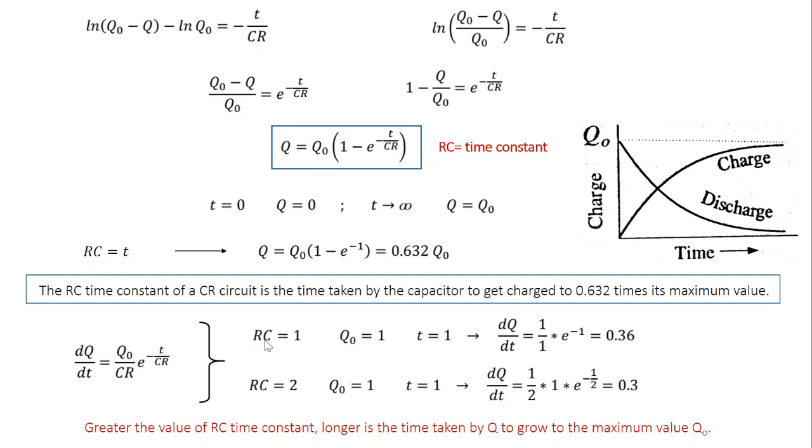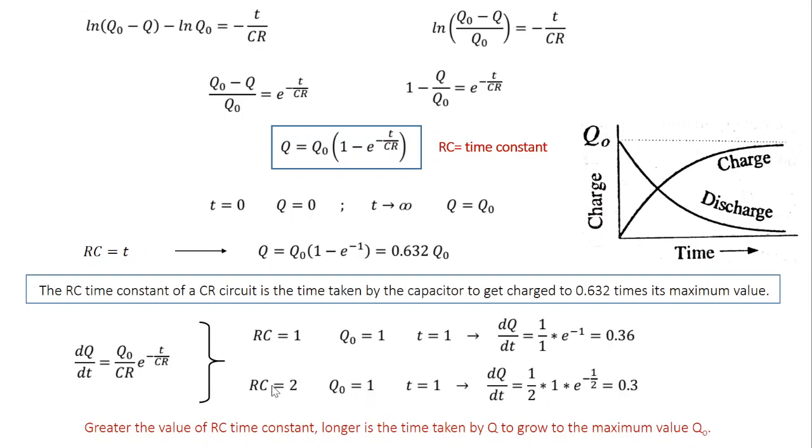Let's take two cases. In one case, RC time constant equal to 1. In the second case, RC time constant equal to 2. For ease of analysis, assume that the maximum charge q0 equal to 1, and we are looking at the rate after 1 second, so t equal to 1. Plug in these values in this equation, you get dq/dt equal to 0.36, and when the RC time constant is 2, the rate of increase of charge dq/dt is 0.3.